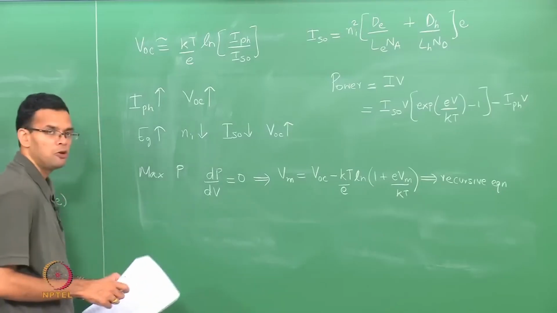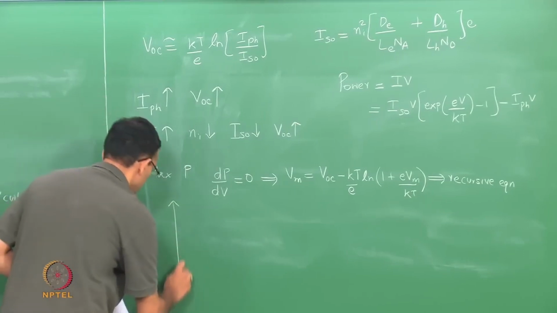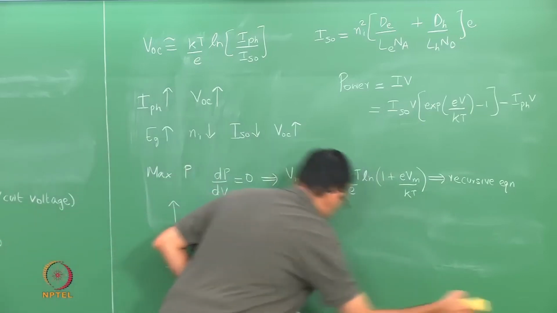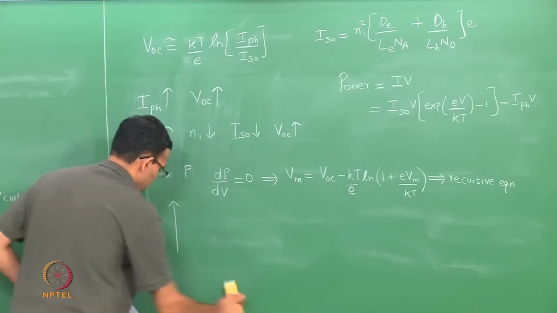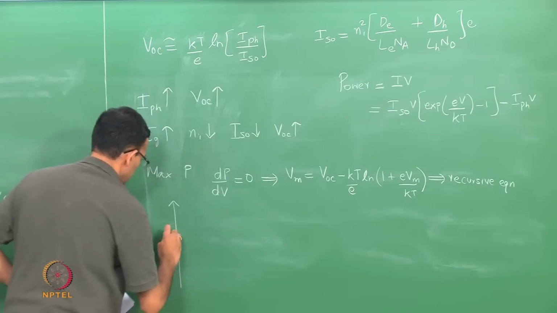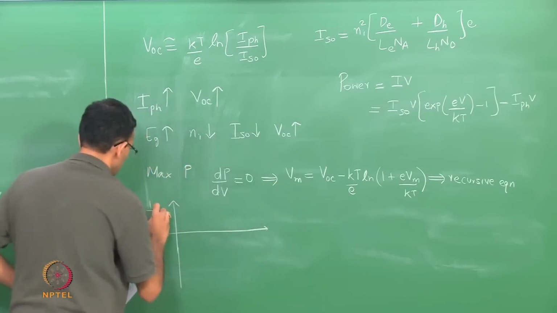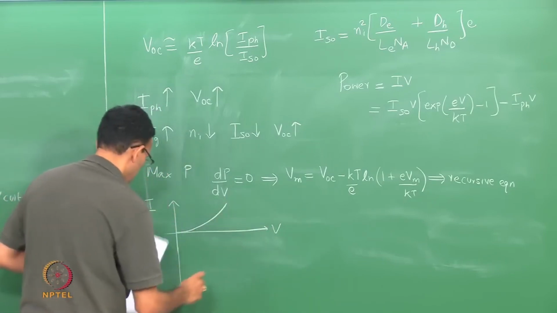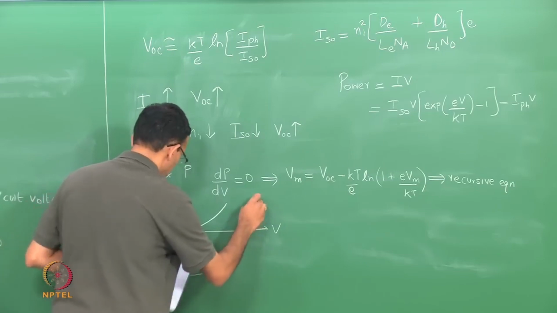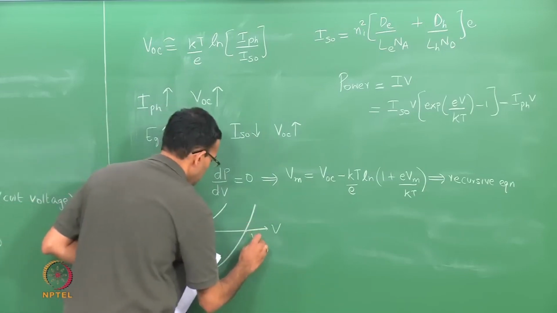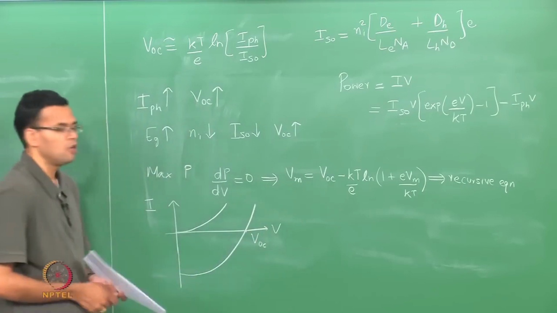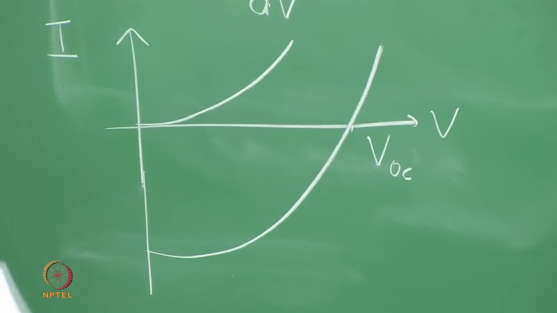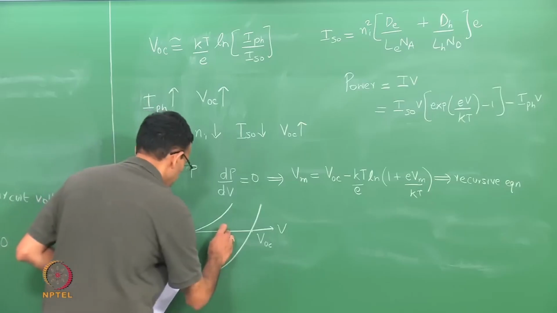So, let us once more look at your IV curve. You just redraw this. So, this is your dark current, this is your current under illumination, this point is VOC. So, we can calculate the Vm, which corresponds to the maximum power, and also the Im.